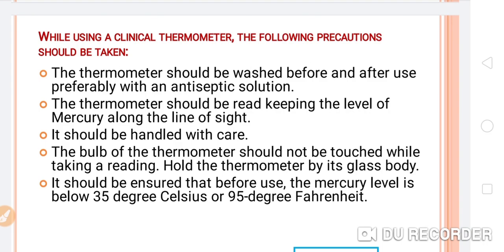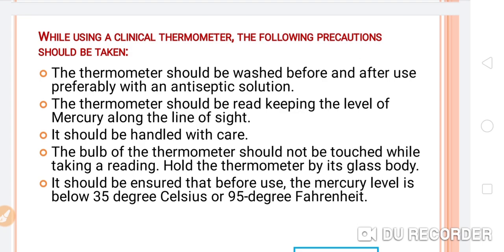Means disinfection of the thermometer is necessary. Otherwise, if any person is suffering from a viral or bacterial disease, it can be transferred to another person's body. So this is very important. We must use an antiseptic solution to disinfect the thermometer.